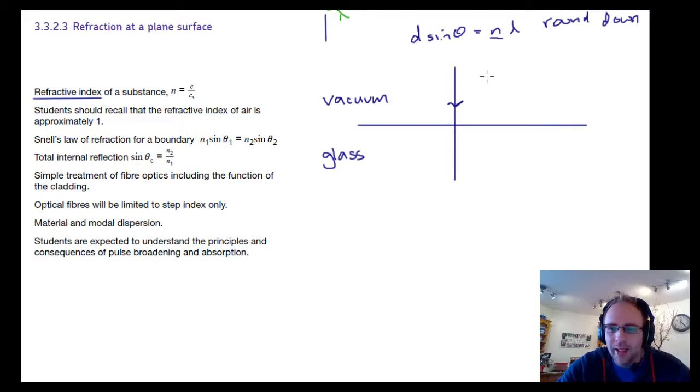So n is our refractive index. In the substance, light travels at a speed cs, and in the vacuum, light travels at a speed c. So to find out how much slower light goes when it enters, we do c over cs.